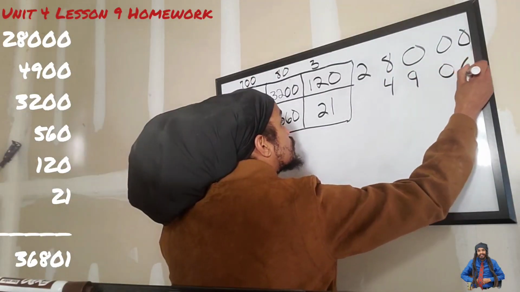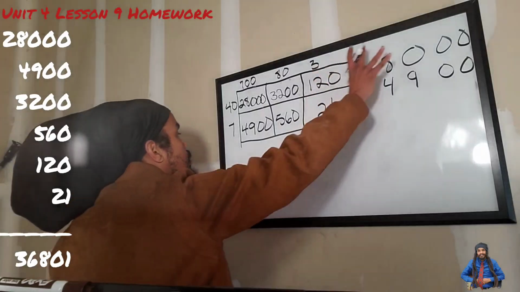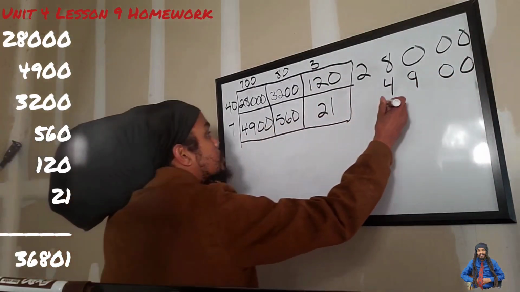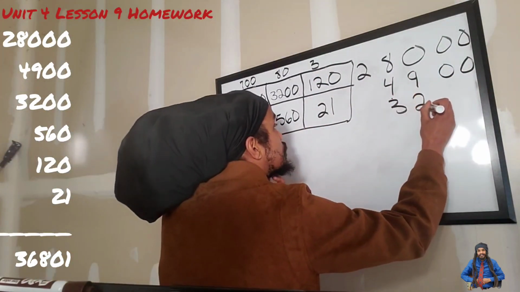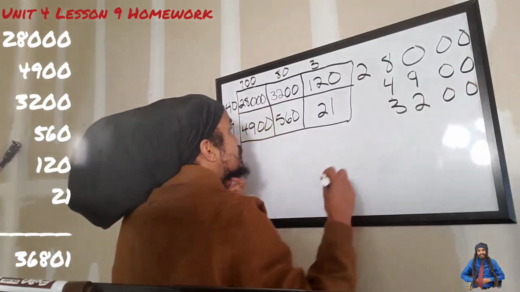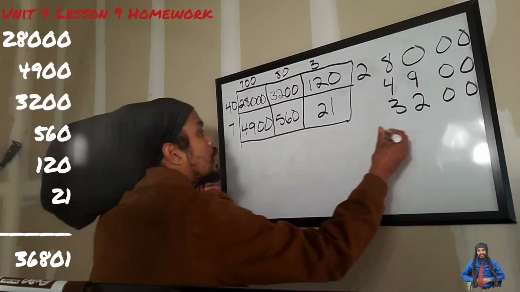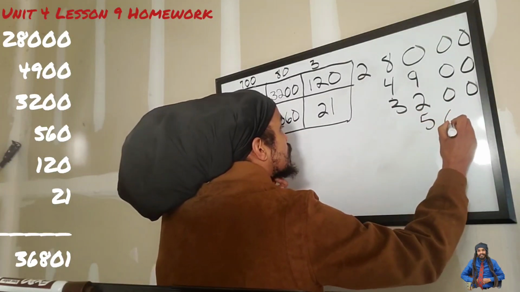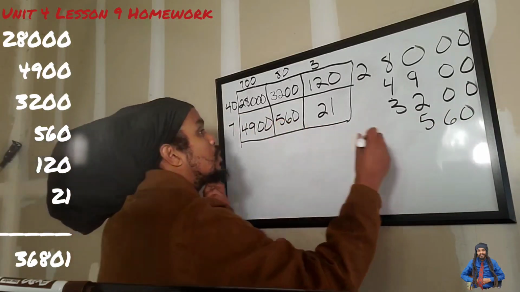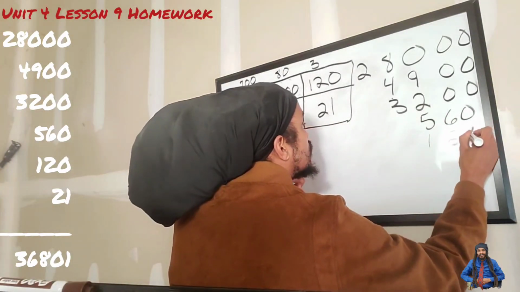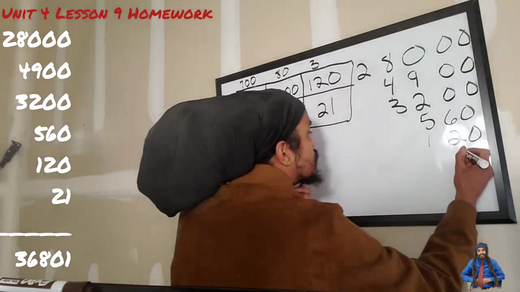Place value is very important. That's why we're spreading out these numbers. You got to make sure that all these numbers are in the right places, place value-wise. 560, 120, and 21.